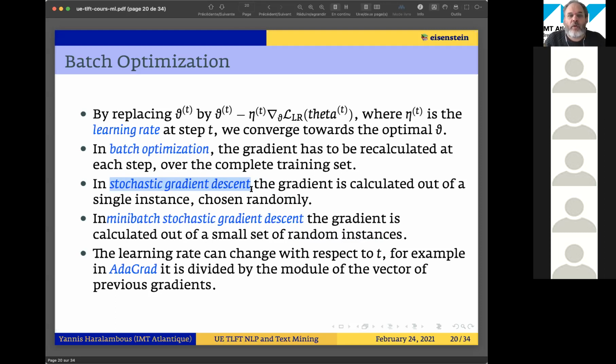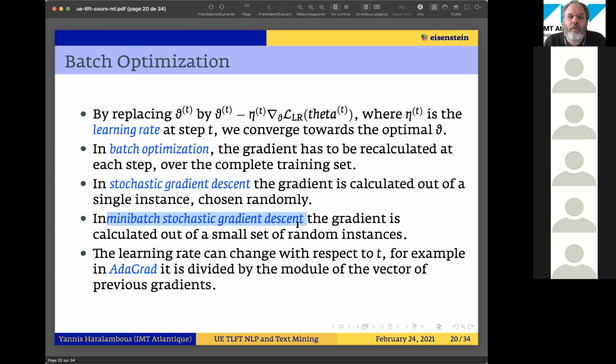And it's called stochastic gradient descent. Stochastic because I'm choosing randomly the document on which I base the next step. And mini batch is some kind of compromise between the two, since I'm taking not just one document, but many documents and calculating on them.